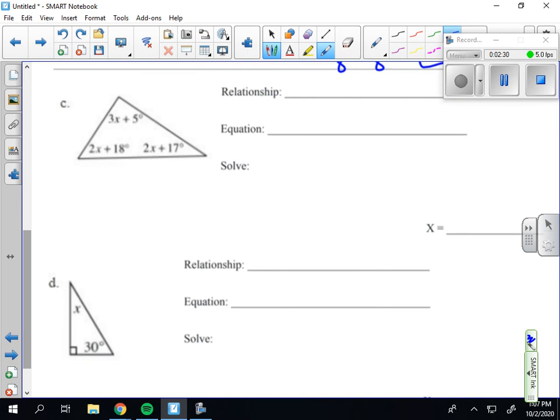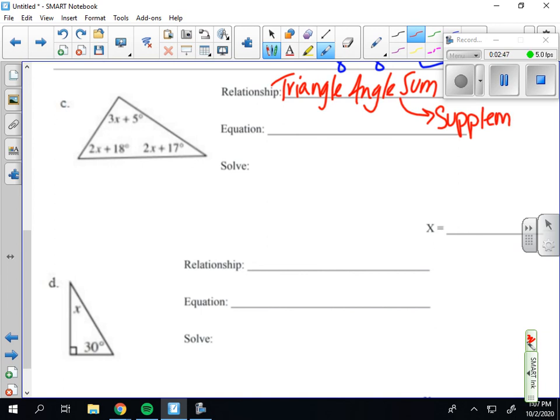Letter C. Letter C is giving me three angles inside a triangle. So the triangle angle sum relationship, or you could have said supplementary, okay? Because we know that all three angles in any triangle add up to 180, which is supplementary.